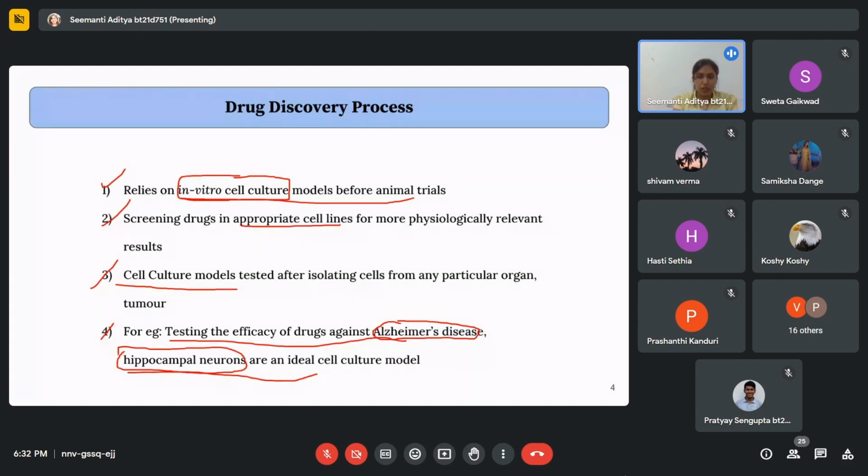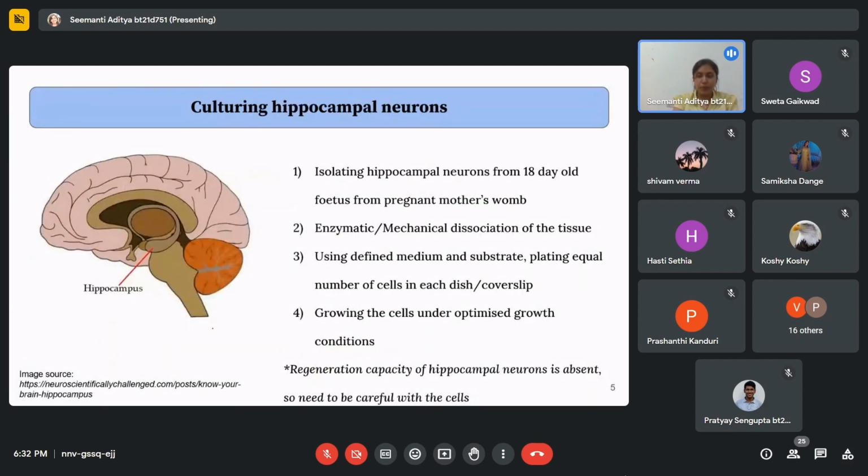So, isolating hippocampal neurons. The hippocampus is a region in the brain which is present on the lower thalamus side. It is a kind of structure which is similar to a seahorse, which is why it is named hippocampus.